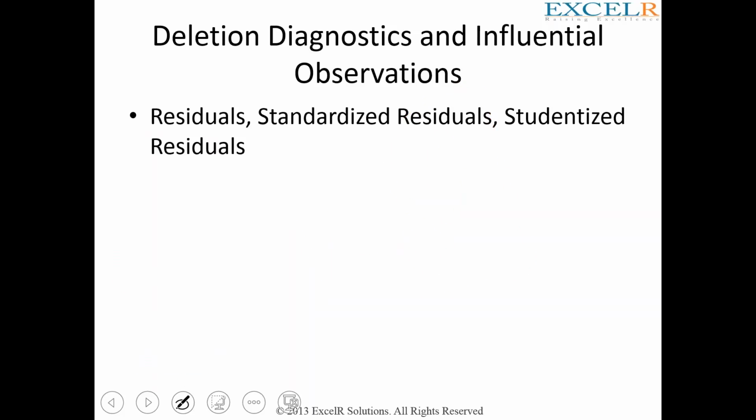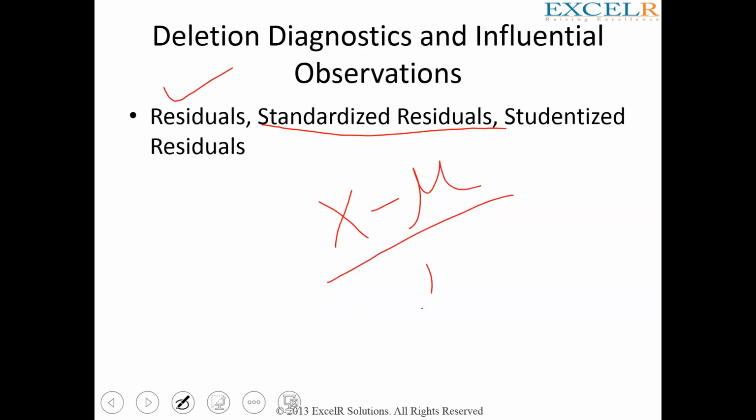There is also something called standardized residuals. All you do is you divide this raw residual by its standard deviation. How do you standardize? Normally it's x minus mu by standard deviation, right? Z value.